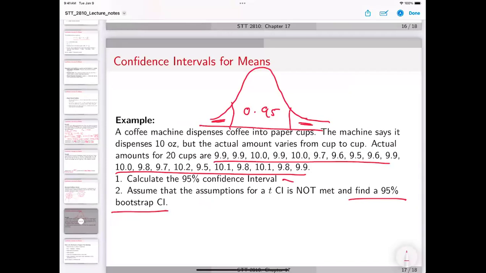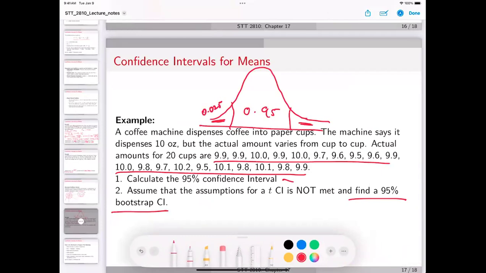So the left side will be 2.5%, or 0.025, right? So here would be 0.025. What do you think here would be? 0.975.